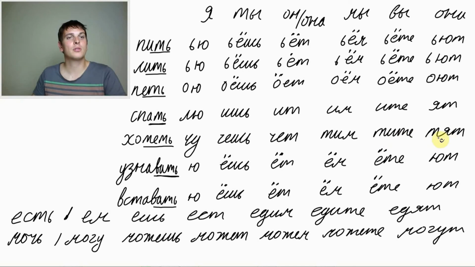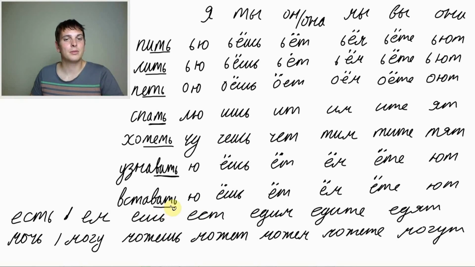And they want would be они хотят. Узнавать, to recognize. I recognize. Я узнаю. You are recognizing. Ты узнаешь. She is recognizing. Она узнает. They are recognizing. Они узнают.